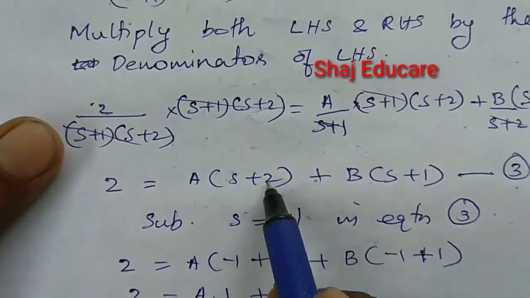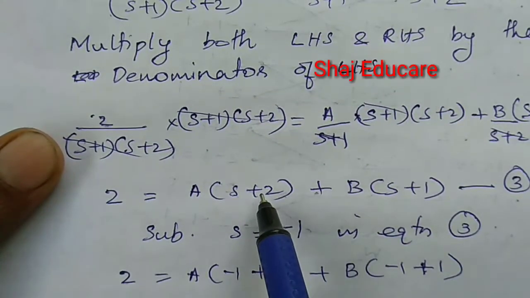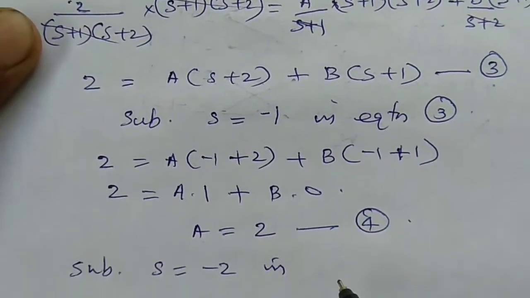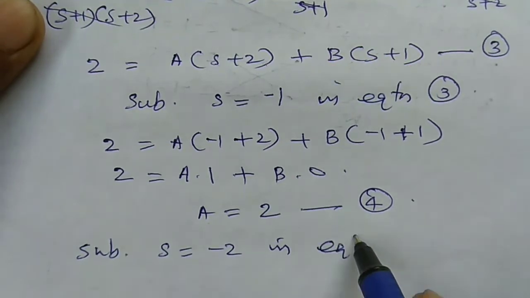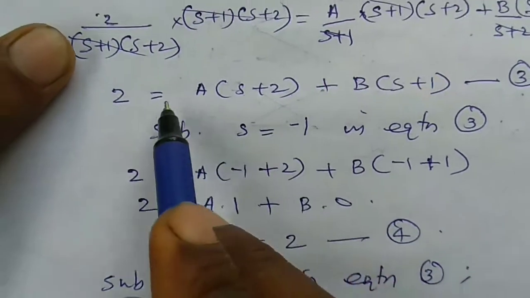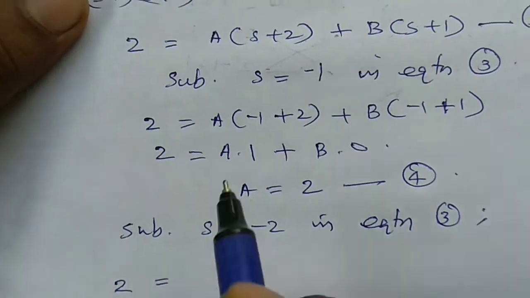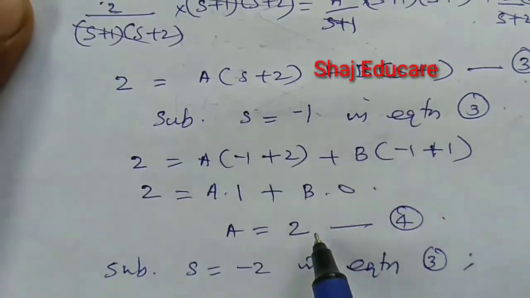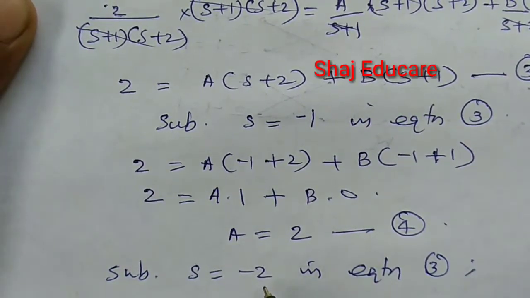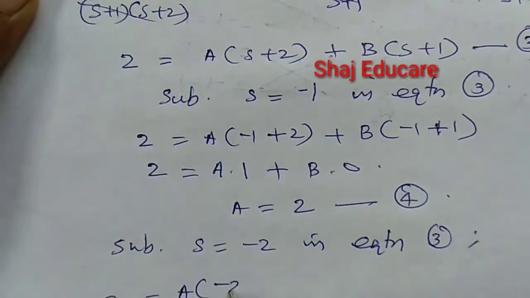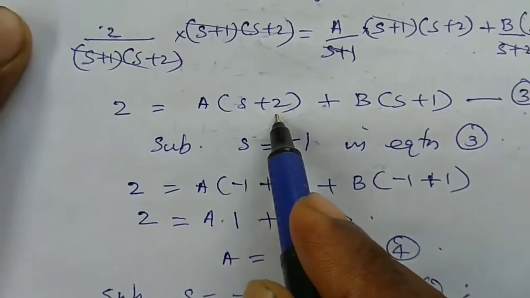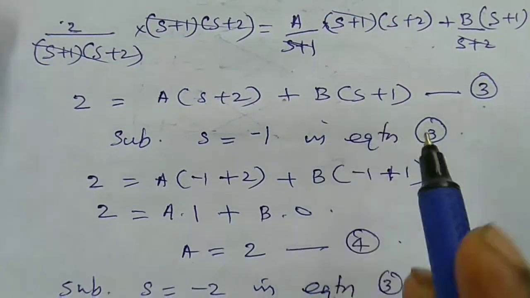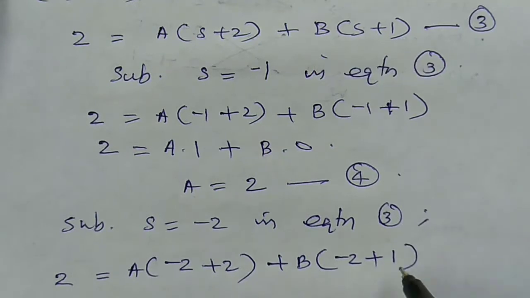Now substitute s plus 2 equal to 0, that is s equal to minus 2, in equation number 3. Then we will be getting 2 equal to A into minus 2 plus 2, plus B into minus 2 plus 1.